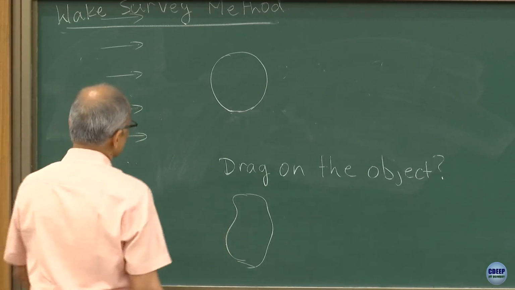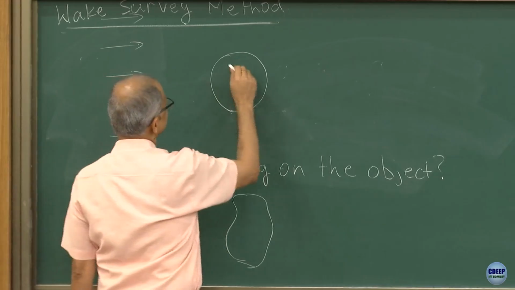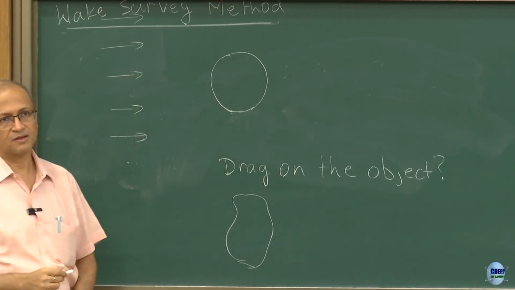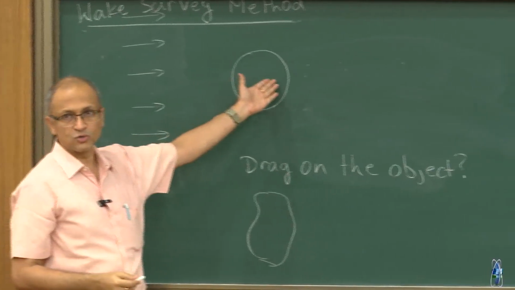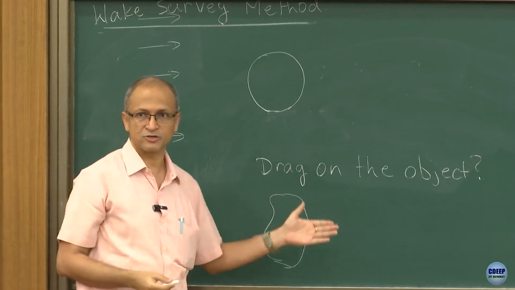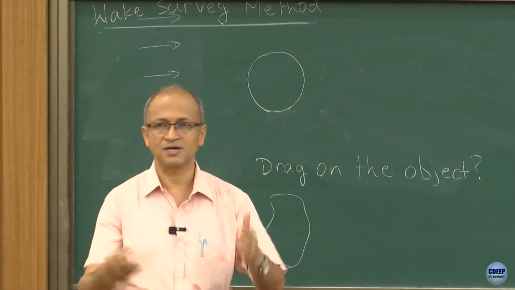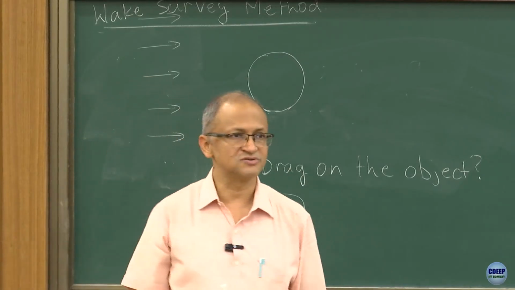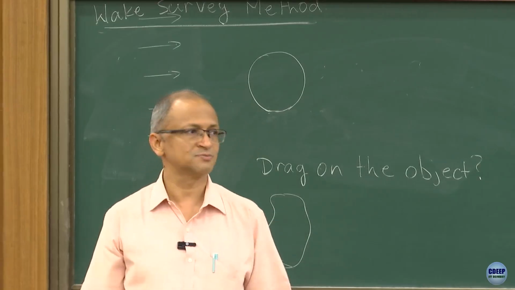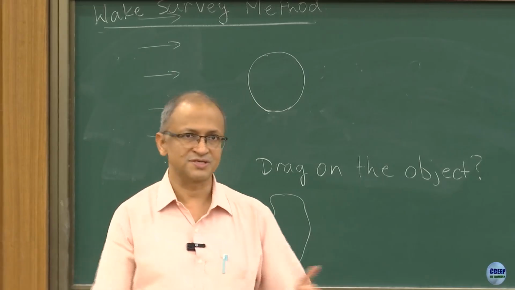So what do you expect? If I look at this problem, what do you expect to happen? Think about what sort of thing we are looking at. As we said, this could be an arbitrary object. Think of us moving in a car, and we want to find out what drag the car is going to experience. The car is my object and there is a flow happening.